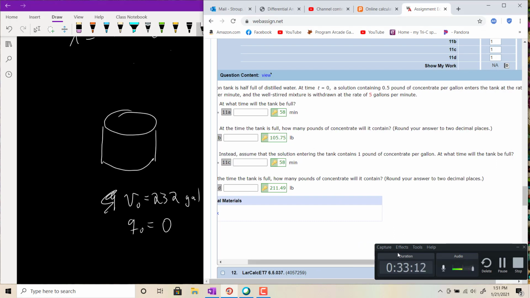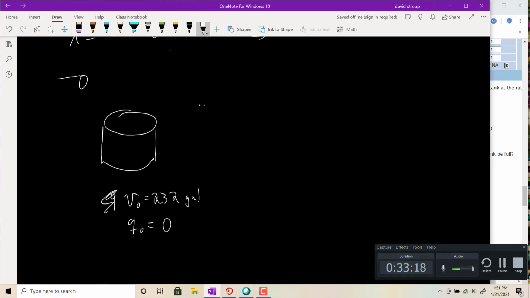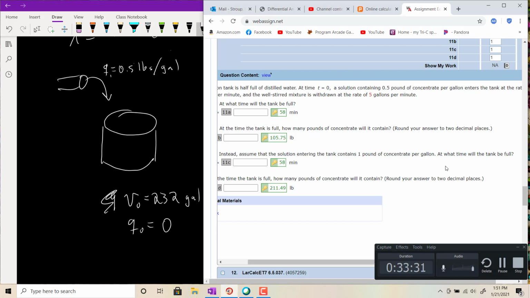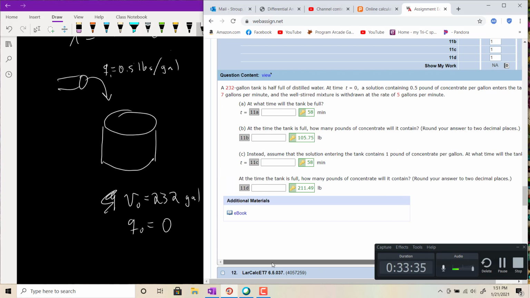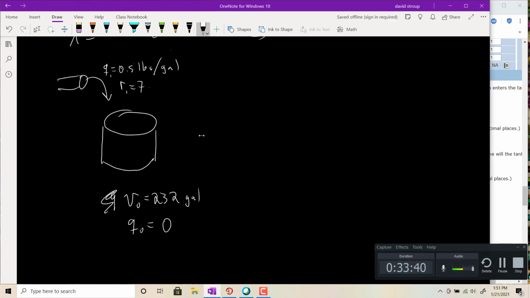Coming in, we have 0.5 pounds of concentrate per gallon. So this is Q1 per gallon. It enters at a rate of 7 gallons per minute. So R1 is 7 gallons per minute.